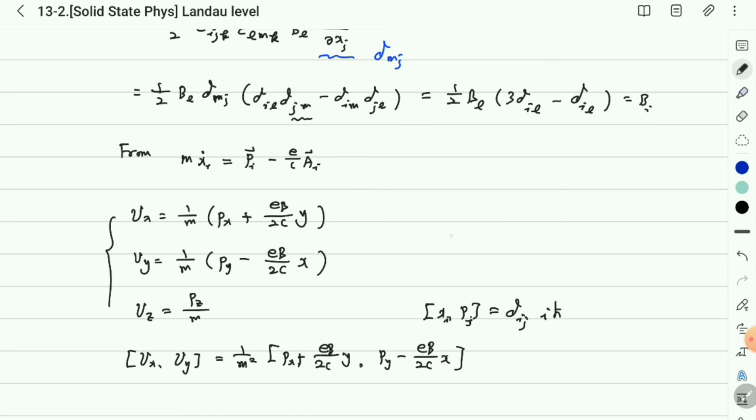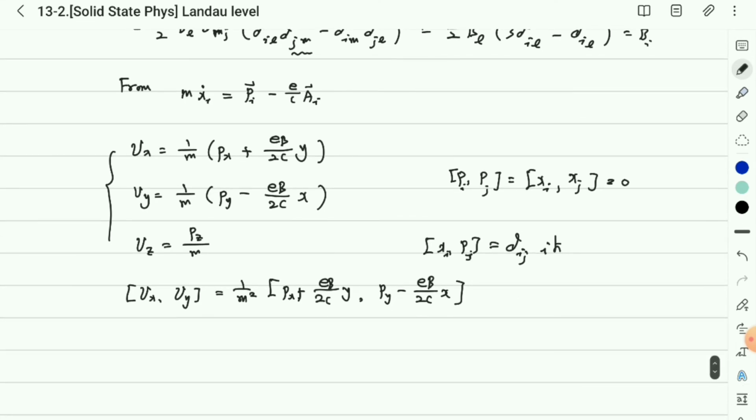We know that the commutators of pi and pj, and also xi and xj, are equal to 0. They commute and can be exactly defined, but x and p cannot be exactly defined simultaneously.